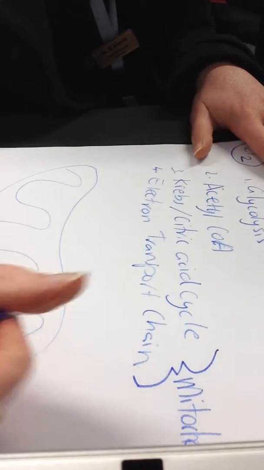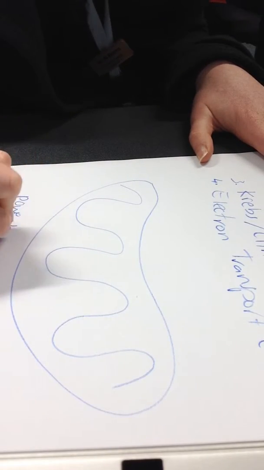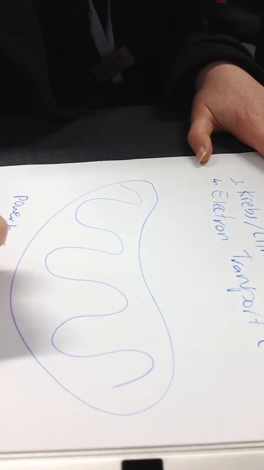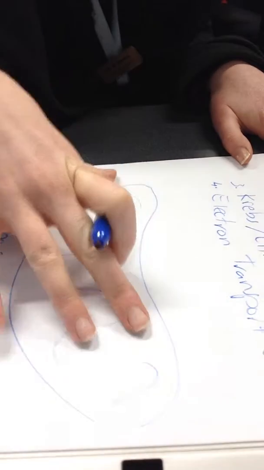People often call the mitochondria the powerhouse of the cell, because this is where most of the energy for the cell is produced.